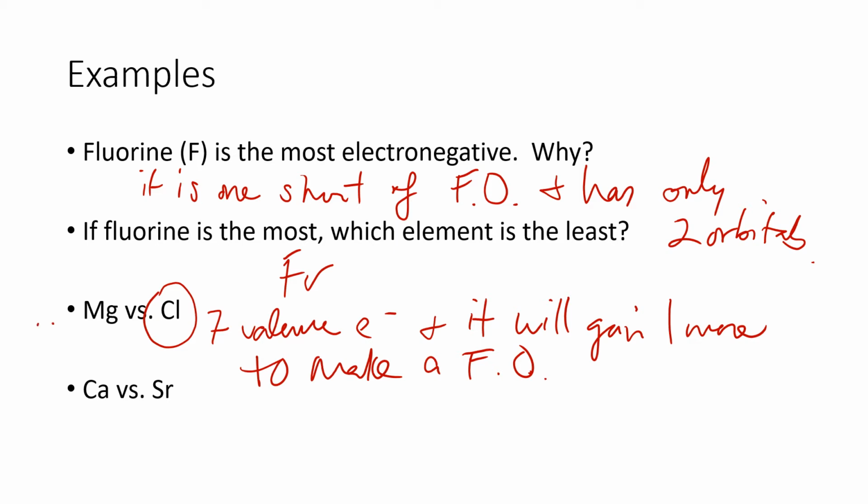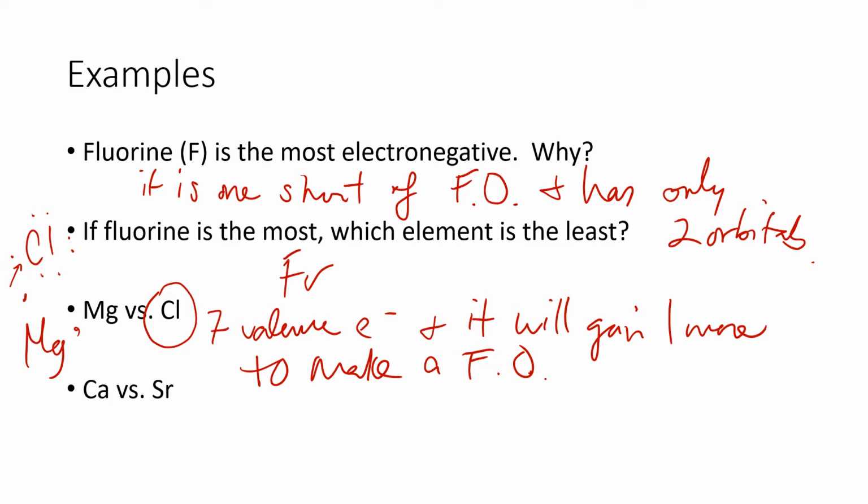Looking at the Lewis dot structures, these two have the same number of orbitals, but chlorine has 1, 2, 3, 4, 5, 6, 7. So it's going to want to gain 1 more to fill in right there, and magnesium is going to want to lose these 2 to get a full octet.